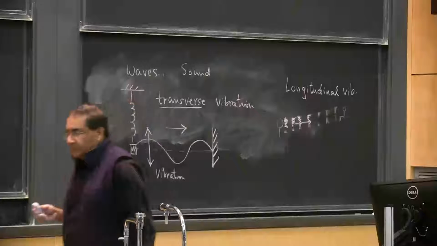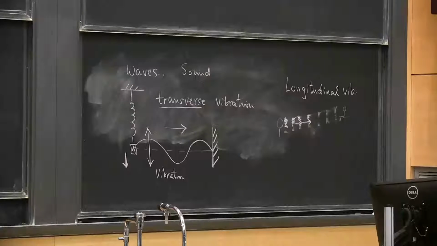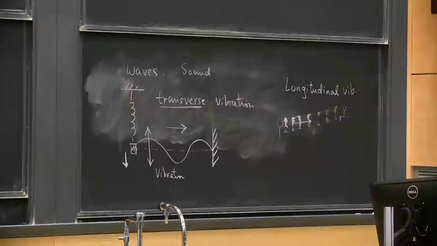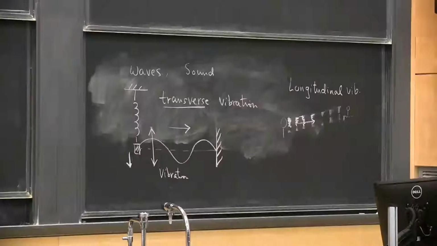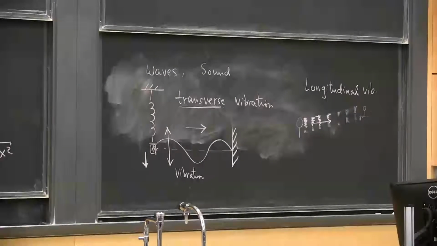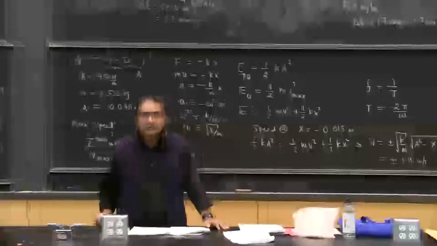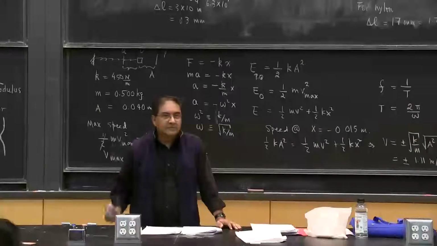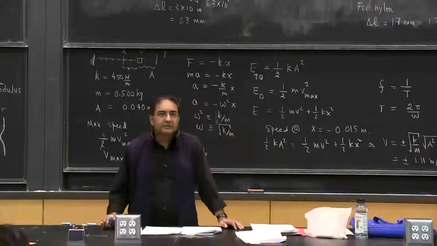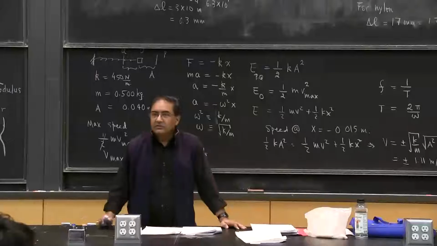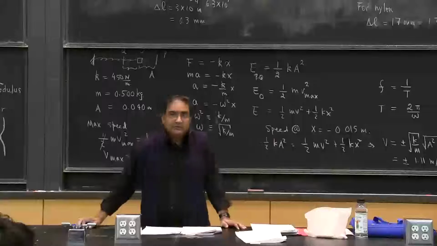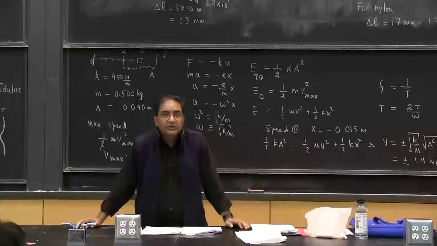So there are plenty of examples of longitudinal waves that we also deal with, including, of course, sound waves. For example, I don't know if you've ever tried to talk in an environment where there is nitrogen or helium. If you have, you know that you sound funny. You sound like a chipmunk.